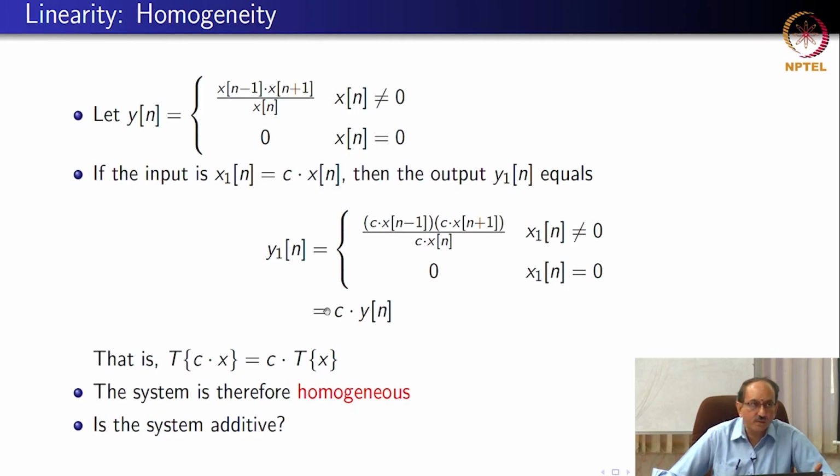So the point of this example is to show that additivity and homogeneity are independent properties. You can have a system that is additive but not homogeneous. You can have a system that is homogeneous but not additive. Only when both additivity and homogeneity are satisfied is the system linear.